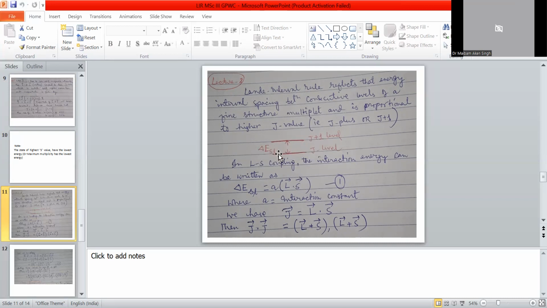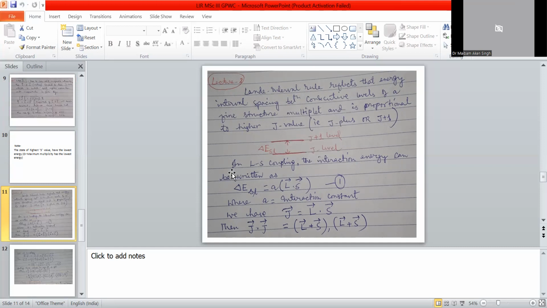This is the energy gap given by delta E, the spin-orbit vector interaction, and this is level J and the higher level J plus 1.